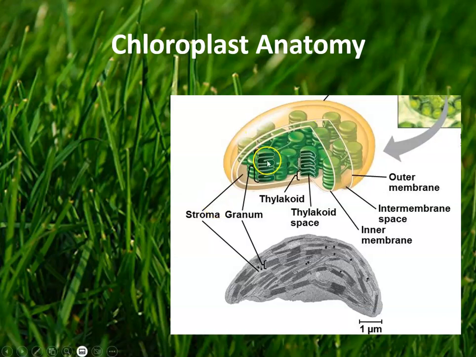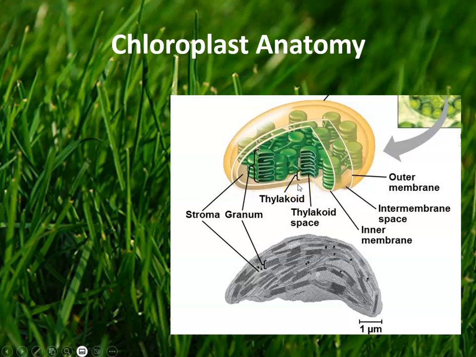And then all this green stuff here is meant to represent the thylakoid membranes. Each little green one kind of looks like a pancake. We've got stacks of green pancakes here. Each of those little pancakes is a thylakoid.